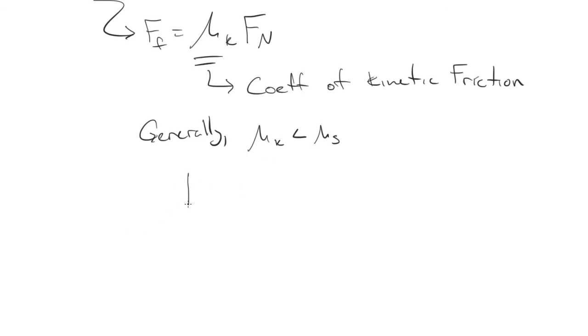So let's do that like this. And I'll draw the x-axis as something like the applied force. And then on the y-axis, we'll do force due to friction. All right, so imagine that you have an object that's initially at rest. Right? And you start to push on that object with some force.